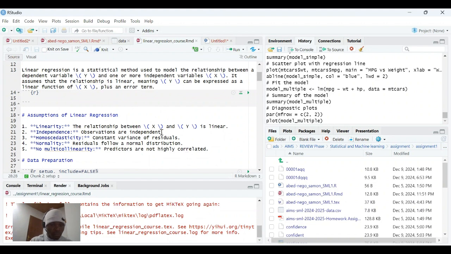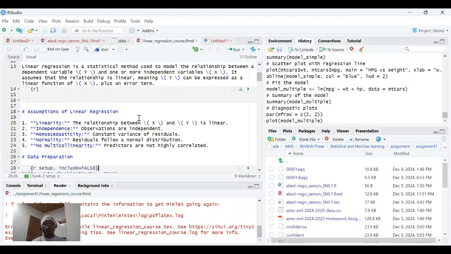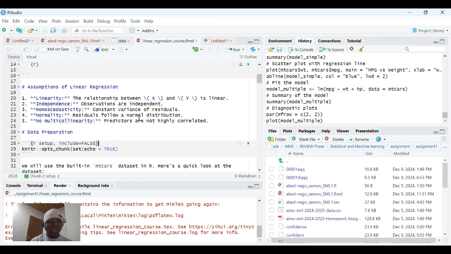Then it's assumed that the relationship is linear, meaning that y can be expressed as a linear function of x plus an error term. These are the assumptions of our linear regression.